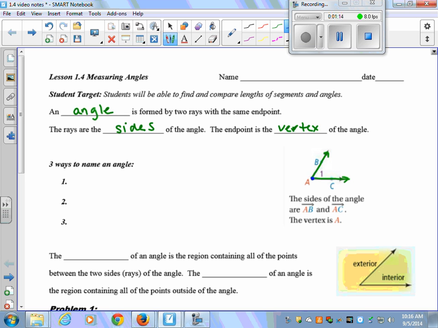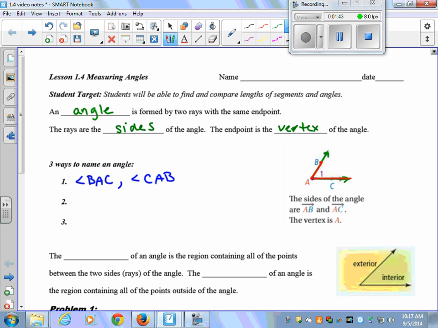So this angle would be called angle BAC. If you think about how this notation makes sense, we start at B, we go to A, and then to C, and that draws the exact angle that we're talking about. So remember, these notations make sense. It's like you're giving directions. Start at B, go to A, then to C. We could go the other way, angle CAB.